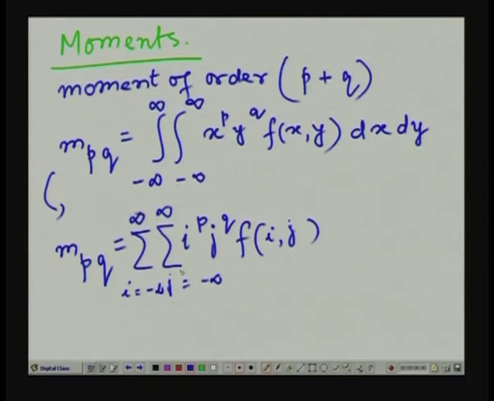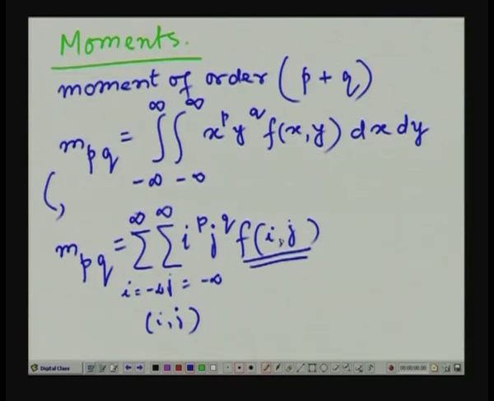Obviously, for a finite image, these limits of i and j will change accordingly, and in this case i j is the location of a pixel in the image and f i j is the normalized gray level of that particular image.